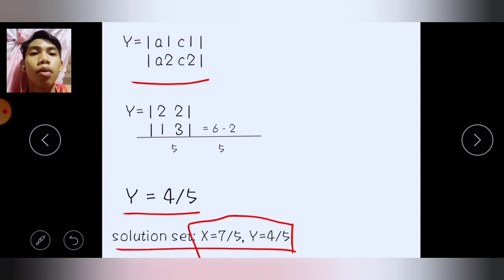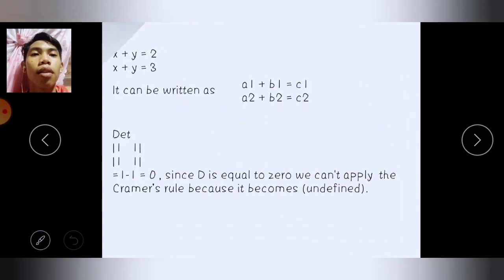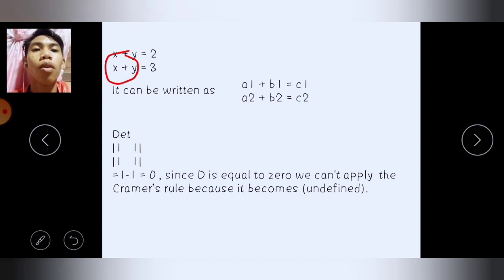So next, we have x plus y equals 2 and x plus y equals 3. So first we're going to get the determinant. So cross multiply. Since there's no whole number here, x and y can be represented as 1.